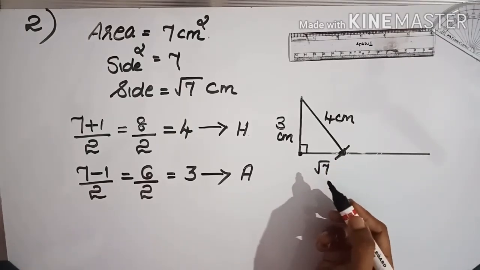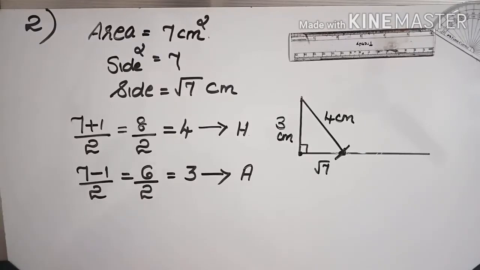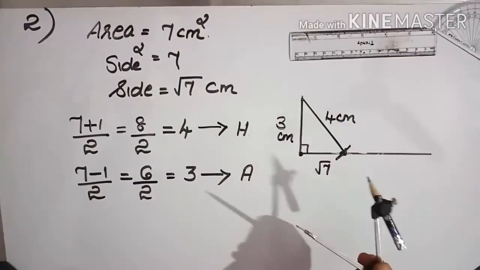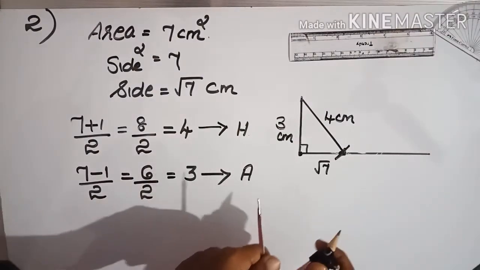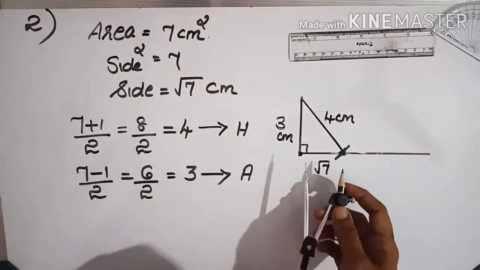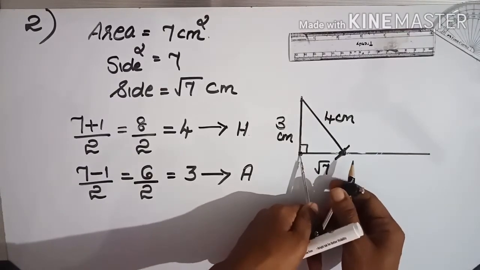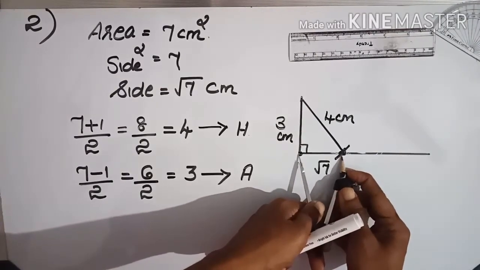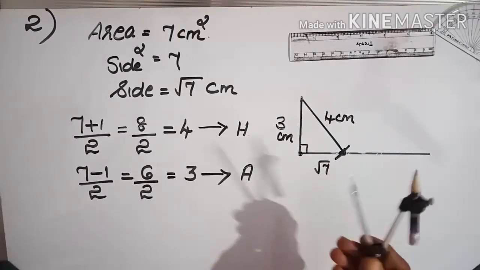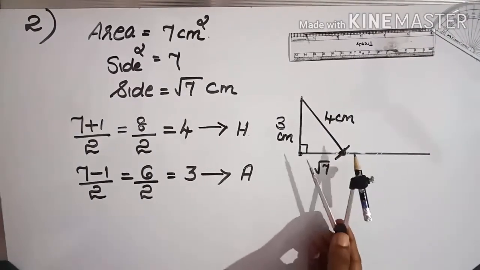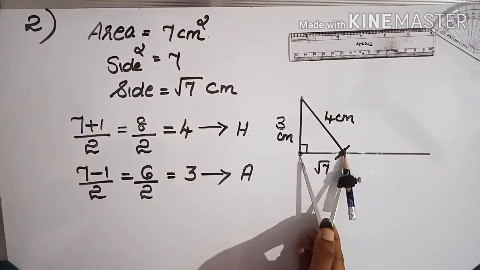So for that, again take your compass. Measure this side, from this point to this point, and draw the square. Take the compass and measure from the first point to the second point.